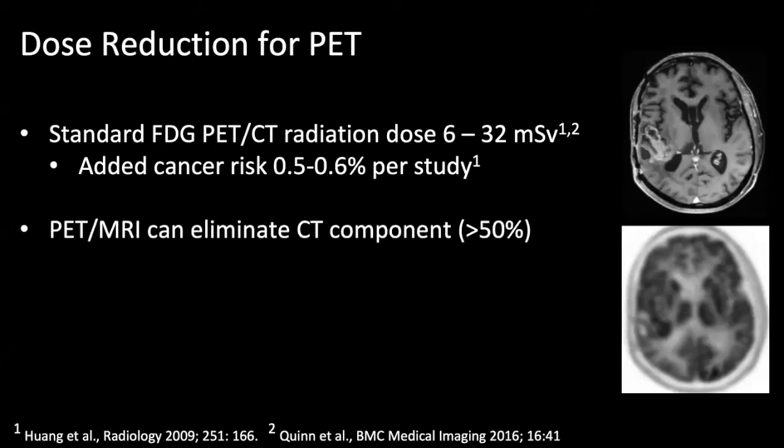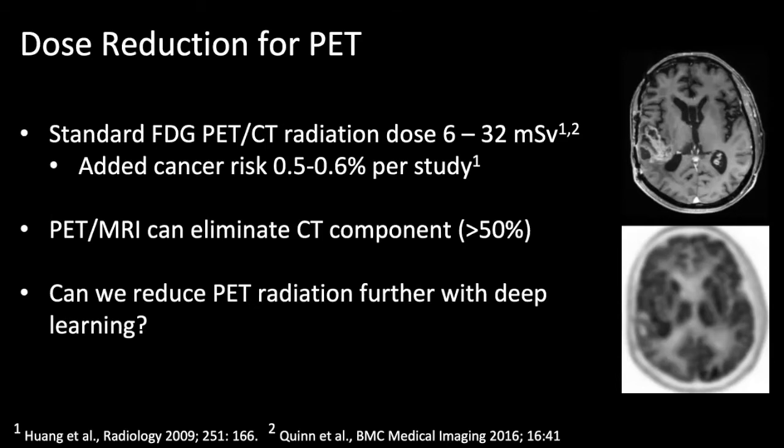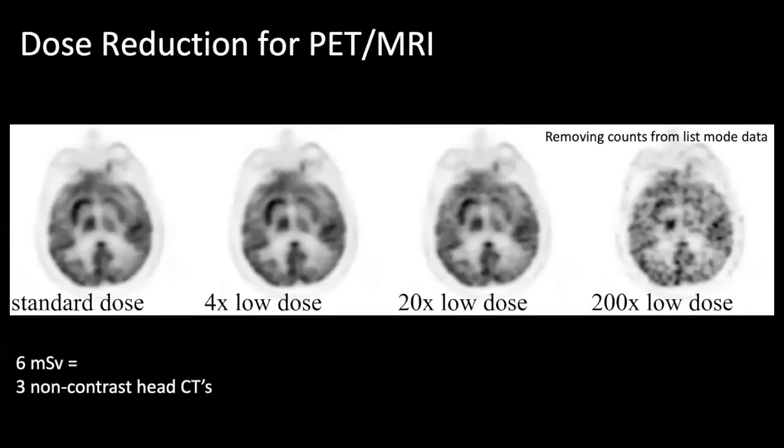Now, PET MRI can eliminate the CT component, which in many cases is greater than 50% of the dose. So that's good. But the question is, can we reduce PET radiation further with deep learning? And just to put things in perspective, this is an example of what PET images look like as you start removing counts from the fundamental underlying data.